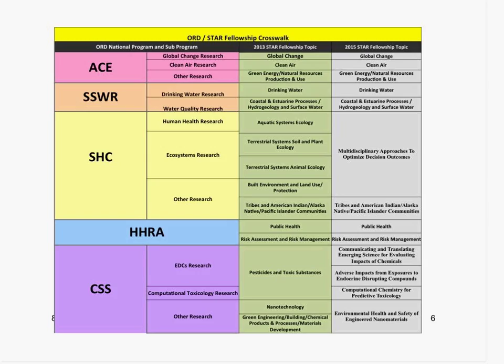The fellowship programs, STAR and GROW, really cut across all the main research programs, and we see applications in areas of drinking water and water resources, as well as global climate change, which shouldn't be a surprise for EPA. The announcement also contains all of the topic areas and their descriptions in more detail.